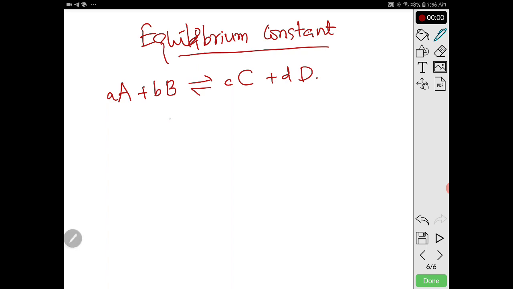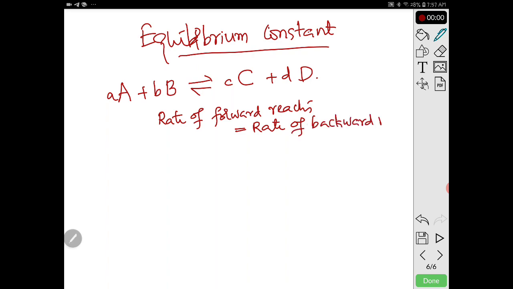At equilibrium, the rate of forward reaction is exactly equal to the rate of backward reaction.